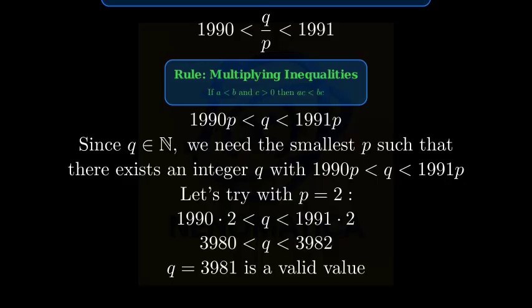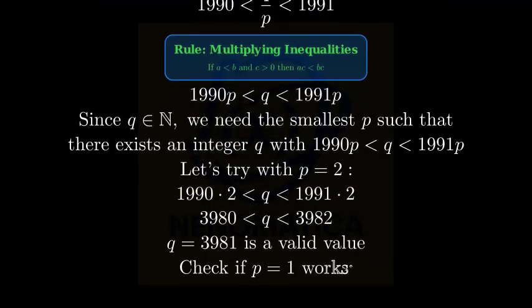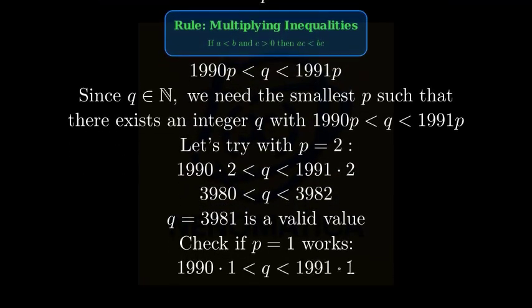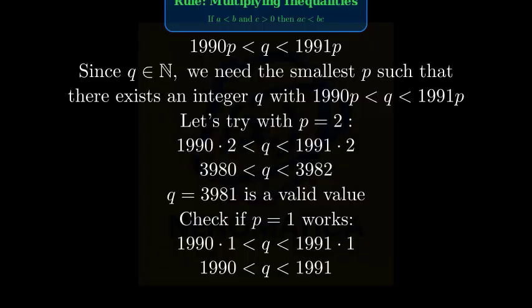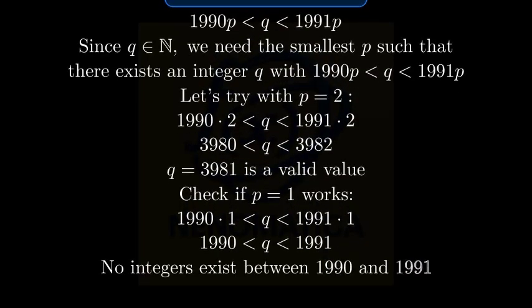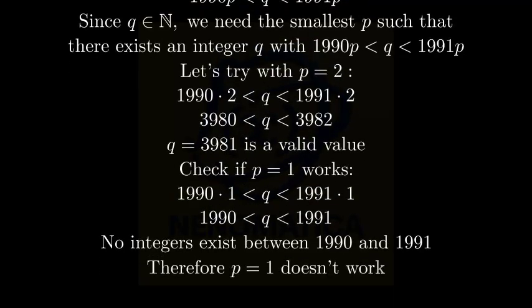But we need to check if p equals 1 would work. If p equals 1, we have 1990 less than q, which is less than 1991. There are no integers between 1990 and 1991, so p equals 1 doesn't work.